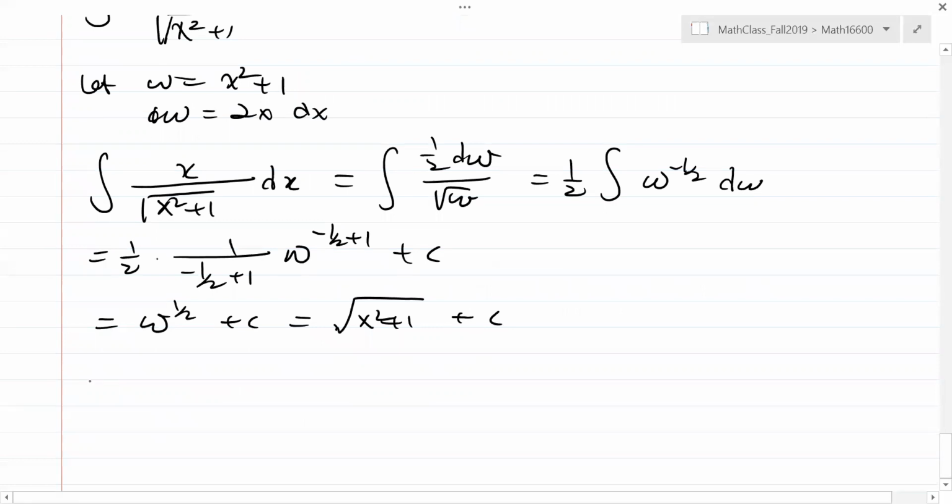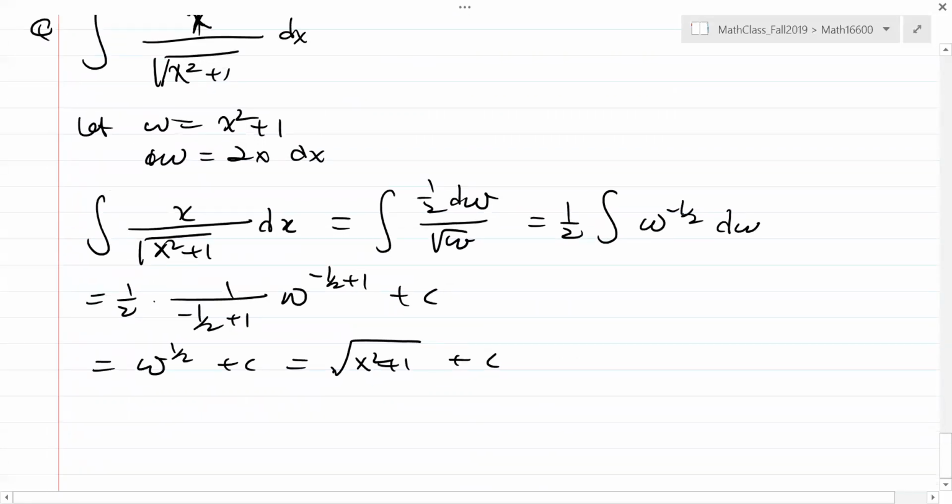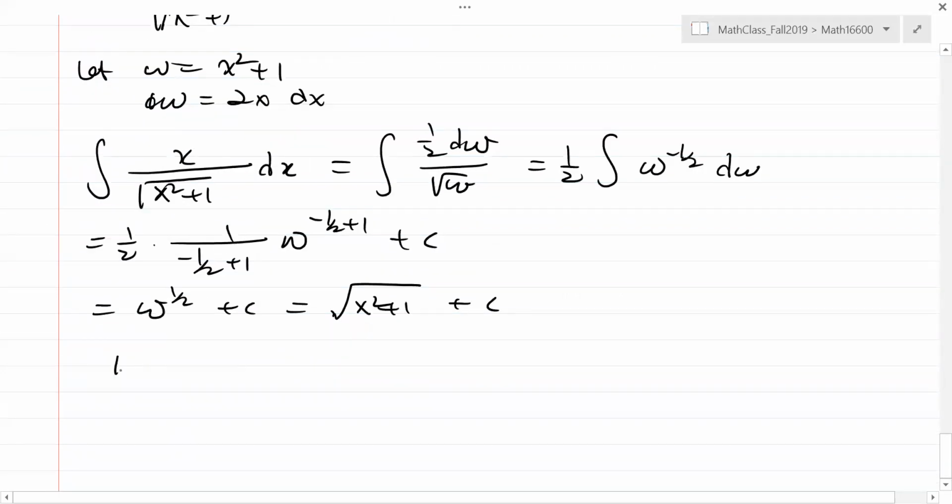Now, we also know how to get rid of x squared plus 1 inside the radical. I know 1 plus tangent square theta equals secant square theta.